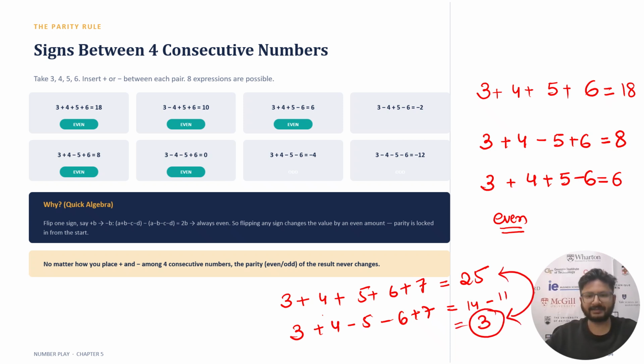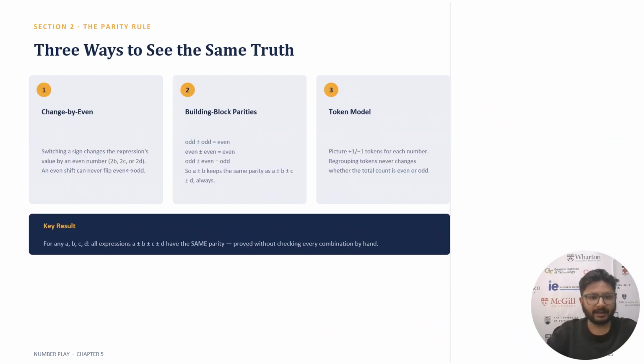Now, in both cases, you can see both of them are giving an odd number. So this will always be true. It doesn't matter which sign you place in the middle of two numbers, it is going to produce either even or odd in all the cases. Okay, so this we'll have to remember.